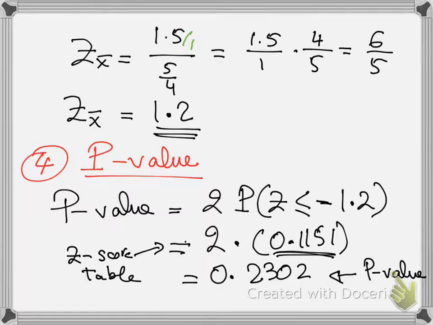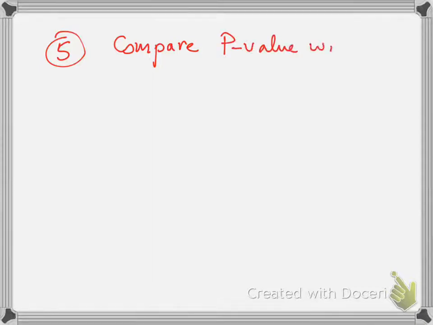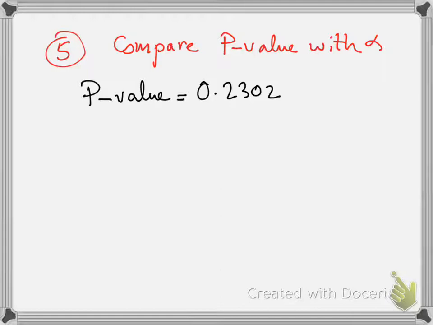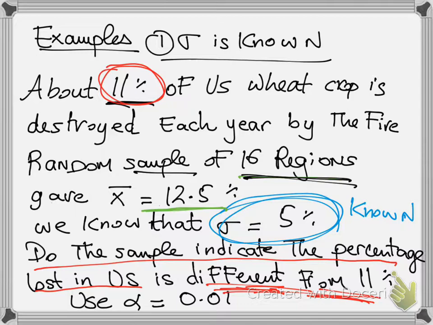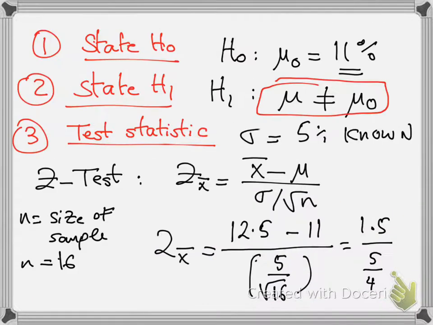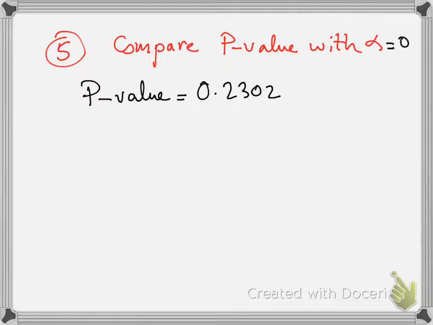Now for the fifth step, we compare the p-value with alpha. The p-value is 0.2302. Alpha is given in the problem, and here alpha is 0.01.